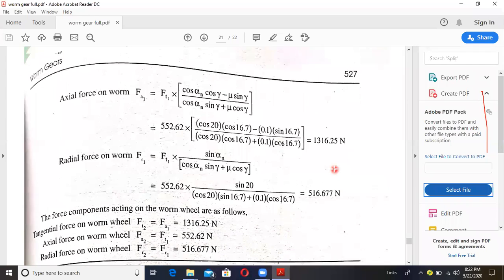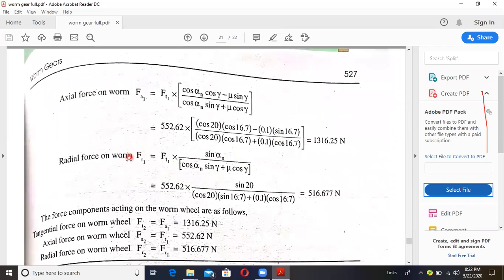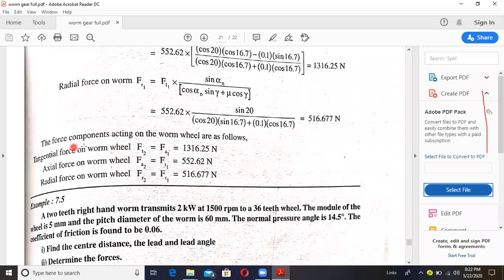So these are the three forces we calculate on the worm: the tangential force, the axial force, and the radial force. The same thing we are going to calculate on the worm wheel, the three component forces acting on the worm wheel. First, the tangential force on the worm wheel we can calculate directly: Ft2 is equal to Fa1.